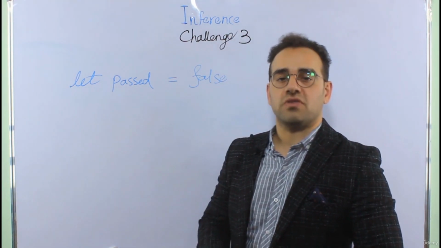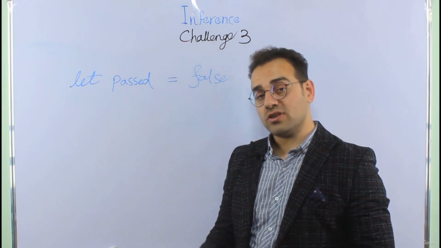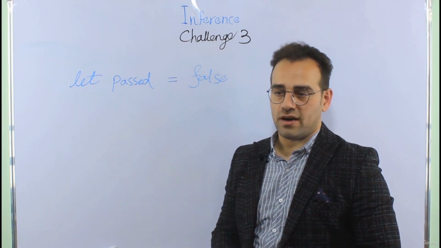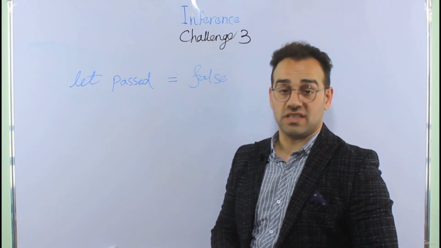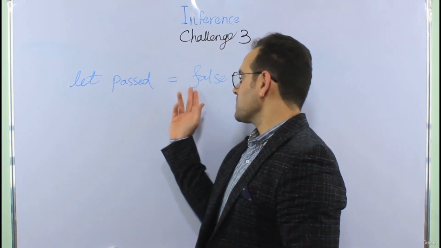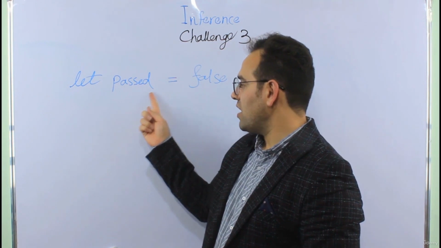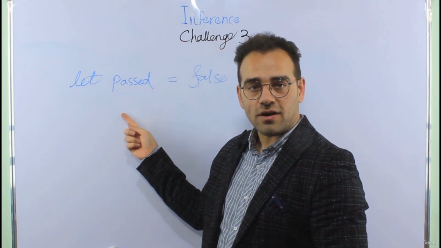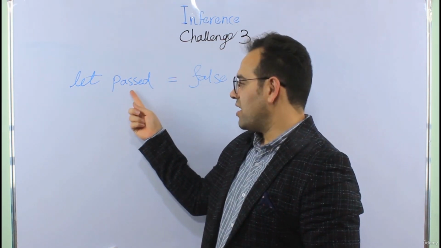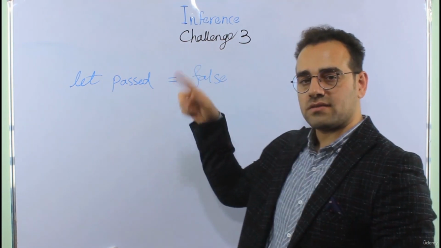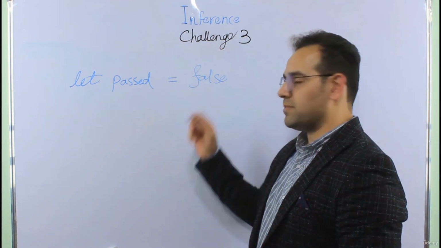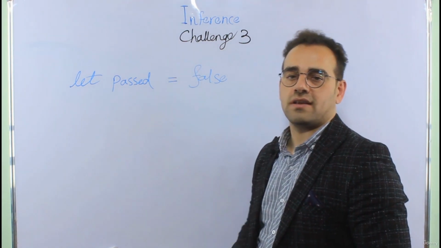As soon as we do that, something magically happens, which is not something that you should do deliberately: TypeScript is going to infer the type as Boolean. If you hover on this pass, you're going to see pass colon boolean, the variable type Boolean.